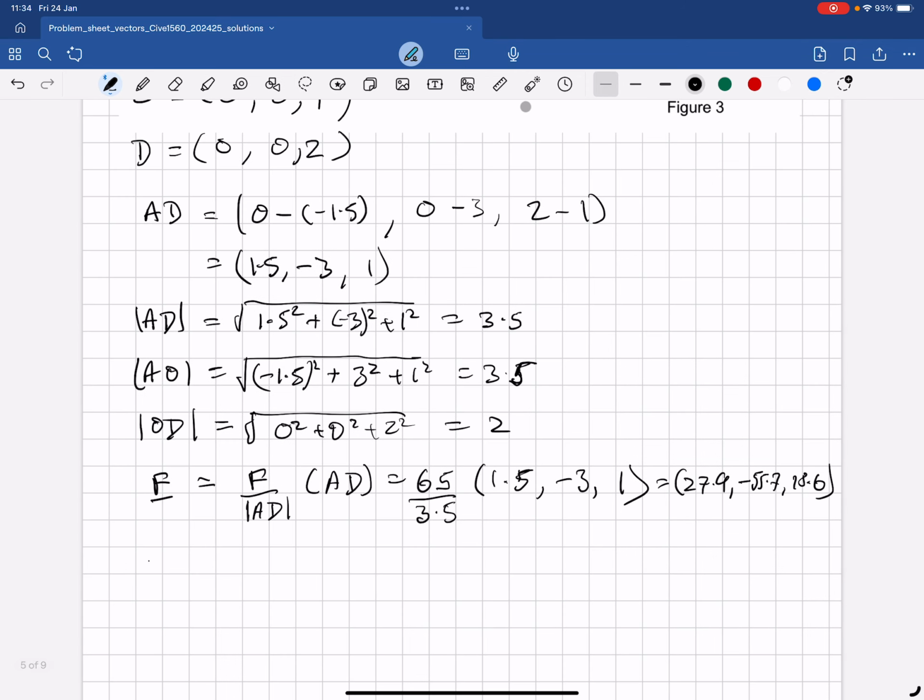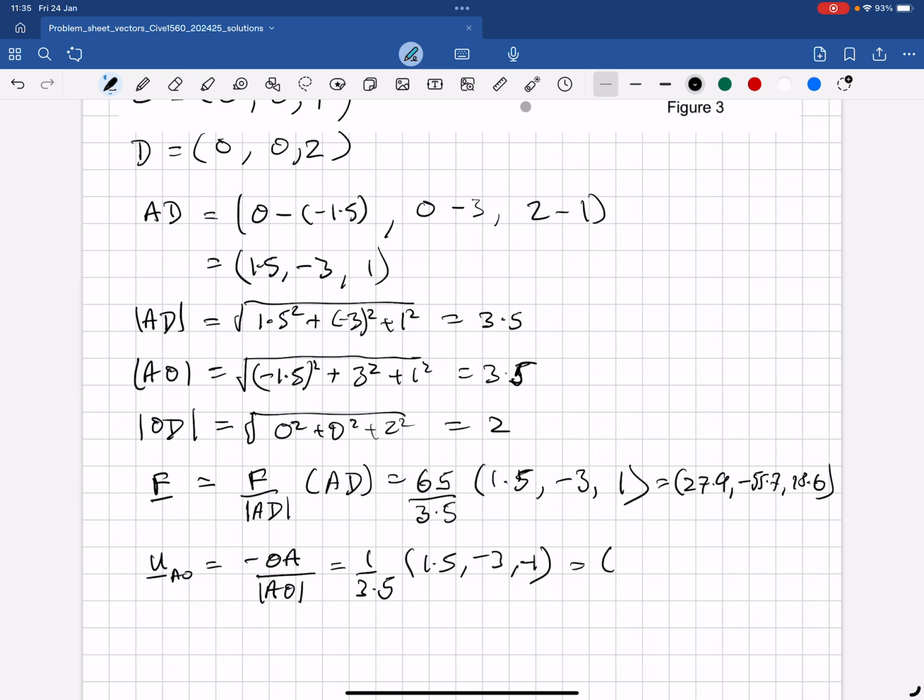We need the unit vector in direction AO if we're going to calculate the component of the force in AO. Unit vector AO is minus OA over the magnitude of AO, which is 1 over 3.5 times 1.5, minus 3, minus 1.